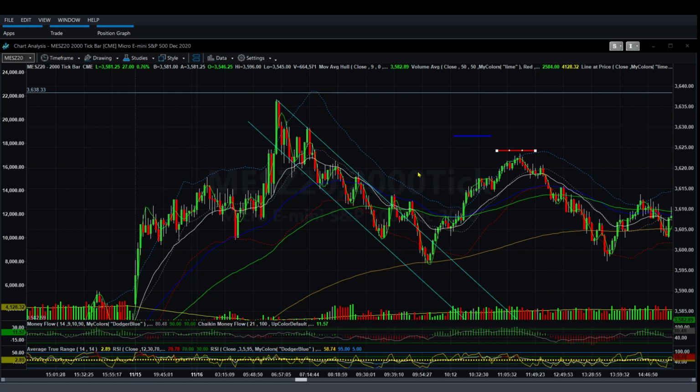So here at this place, when it breaks the channel and closes outside, I know there's a potential change in trend taking place, because the bears here are losing power and the bulls are starting to push up harder. That's why this happens, the break in trend.